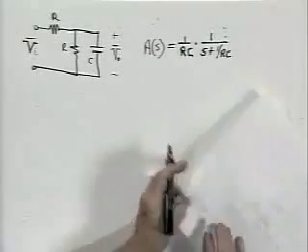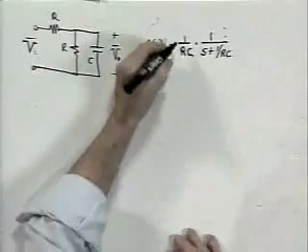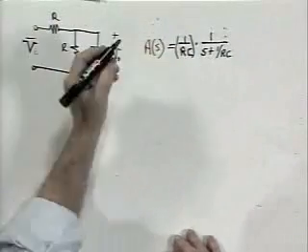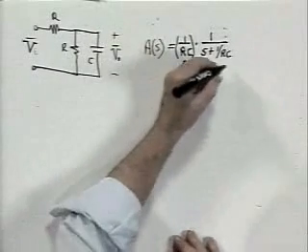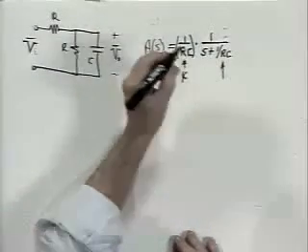So for that circuit, the constant K that we used in the analysis is just that, and S1 is just 1 over RC.